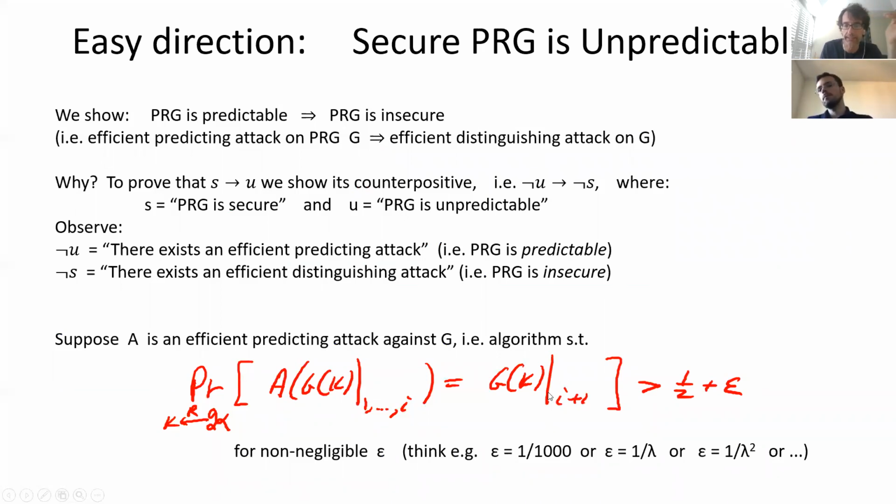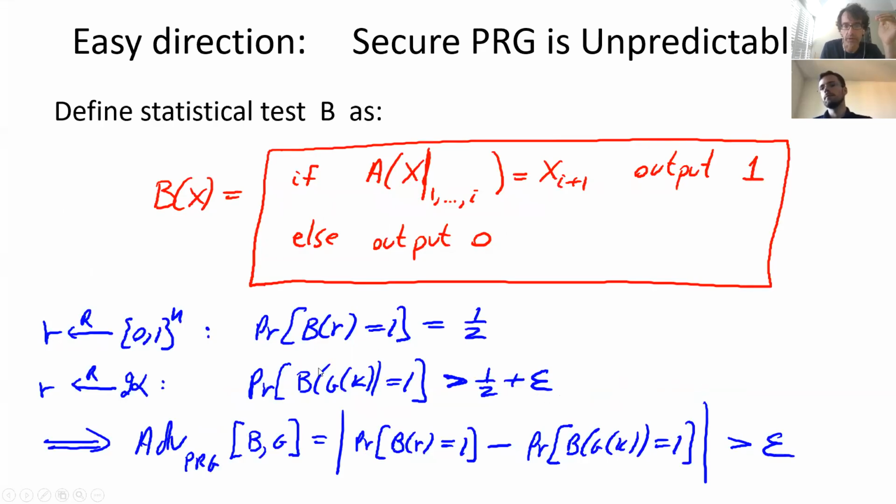This is exactly the statement happening here, because B outputs 1 only if A, given the first i bits, outputs the (i+1)th bit. So this one is exactly 1/2, and this one is 1/2 plus epsilon. So the difference between them is epsilon. Any questions about this reduction?